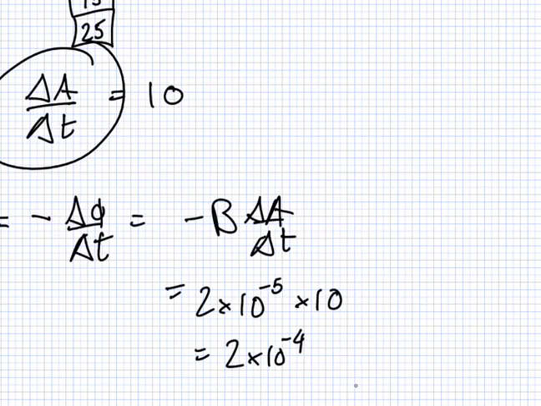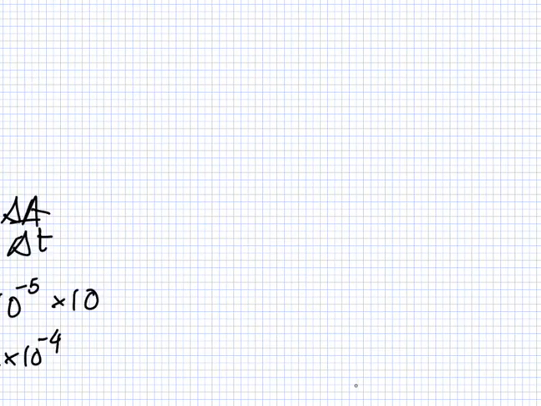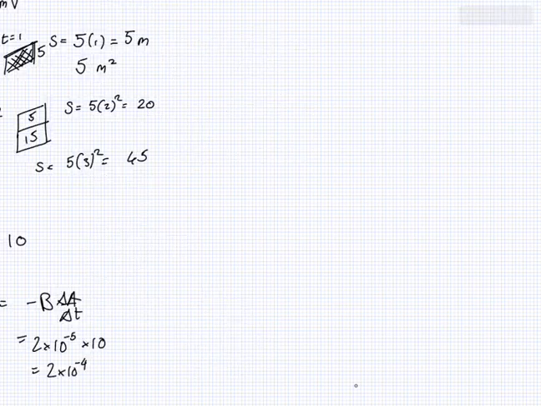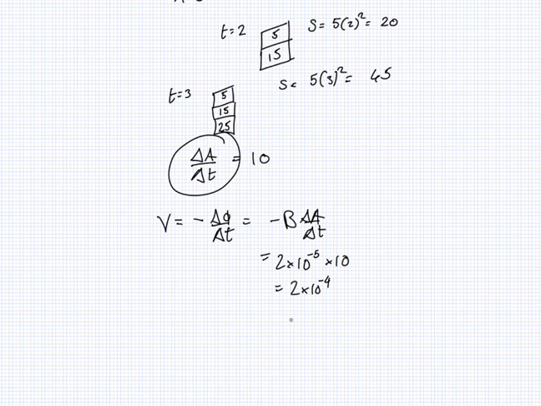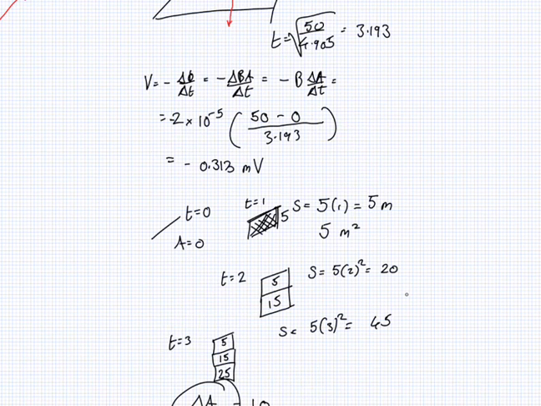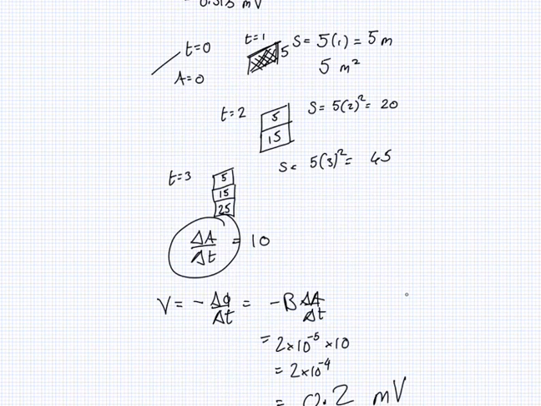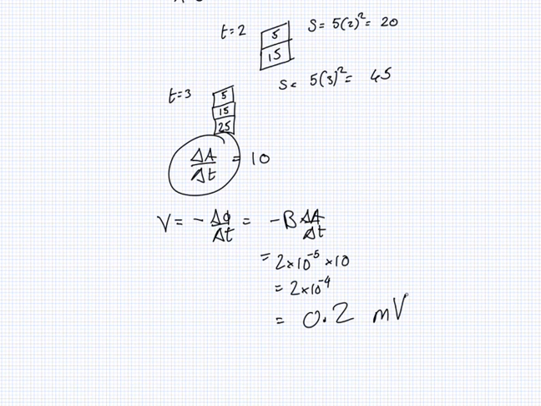What did I have previously? 0.3. Sorry, so let me put this into millivolts. That'd be 0.2 millivolts. And I had 0.3. So they're not exactly the same. They're a little bit different.